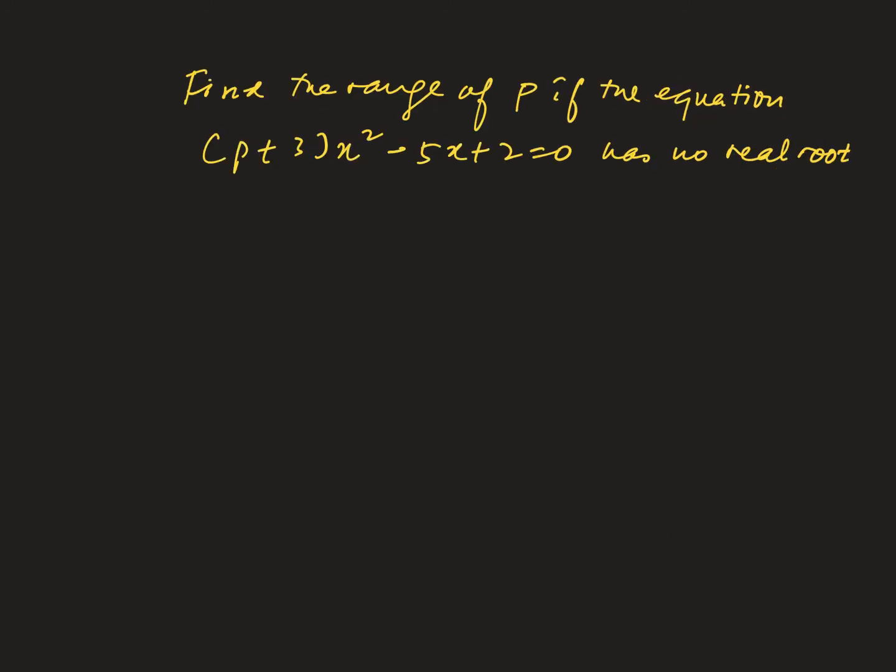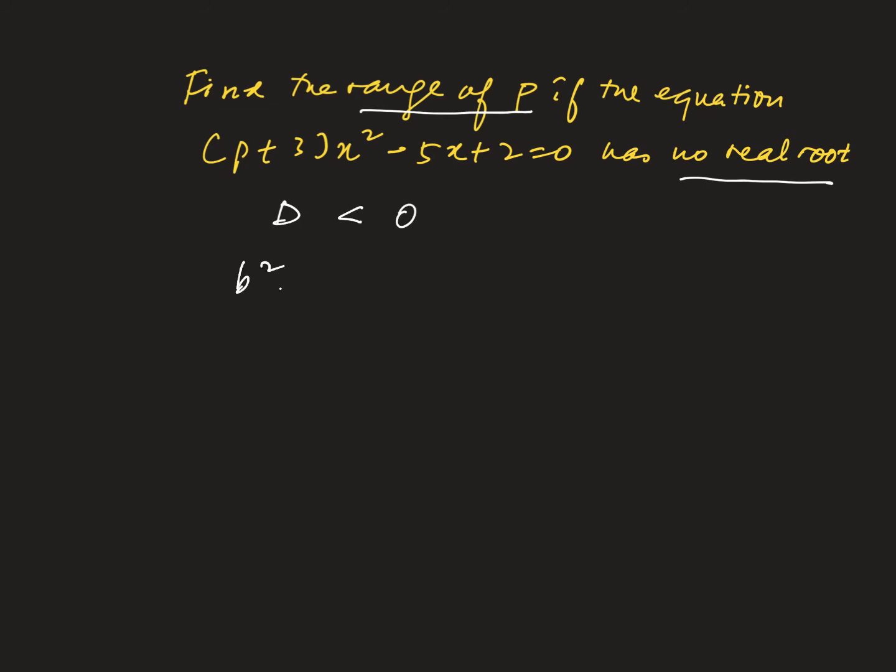In this example, you are asked to find the range of p. p is a constant. The equation (p plus 3)x squared minus 5x plus 2 equal to 0 has no real root. If it has no real root, the discriminant is less than 0.